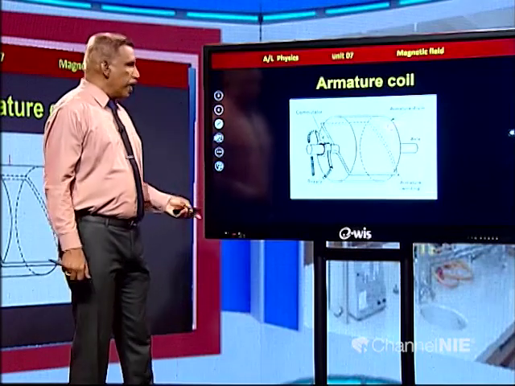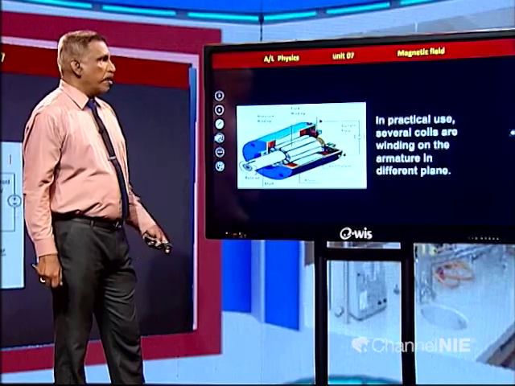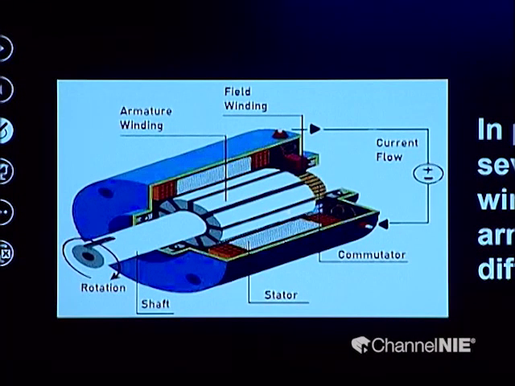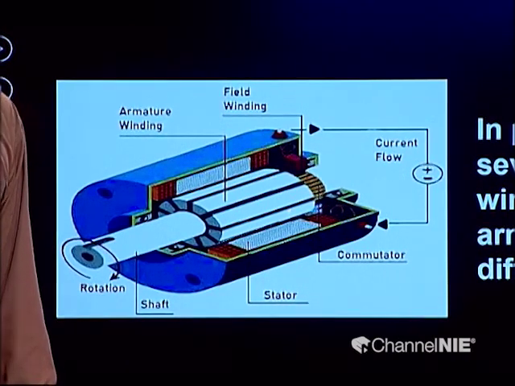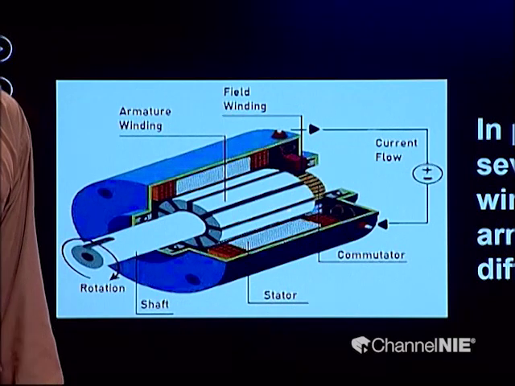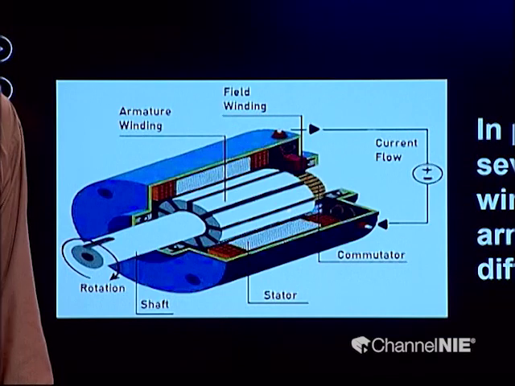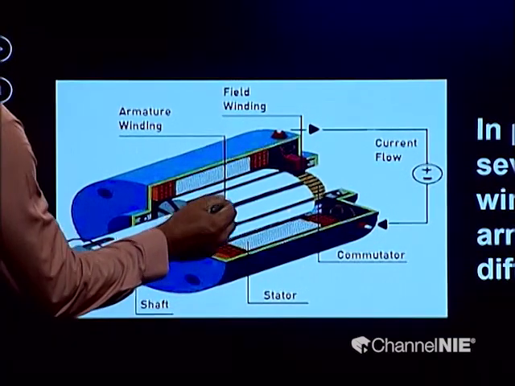In practical use, several coils are wound on the armature in different planes. To improve the efficiency of this motor, several coils are used in different planes.